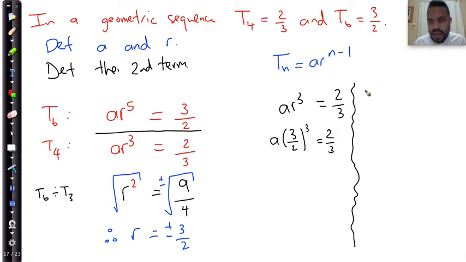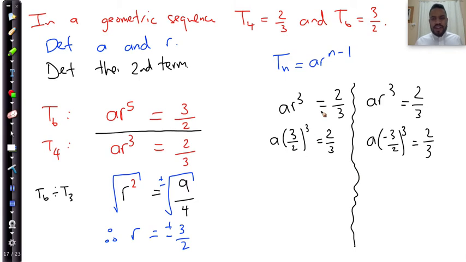Okay, and this one over here will be a r cubed equals 2 over 3 because it's the first term, and that leaves me with a times negative 3 over 2 cubed equals 2 over 3.